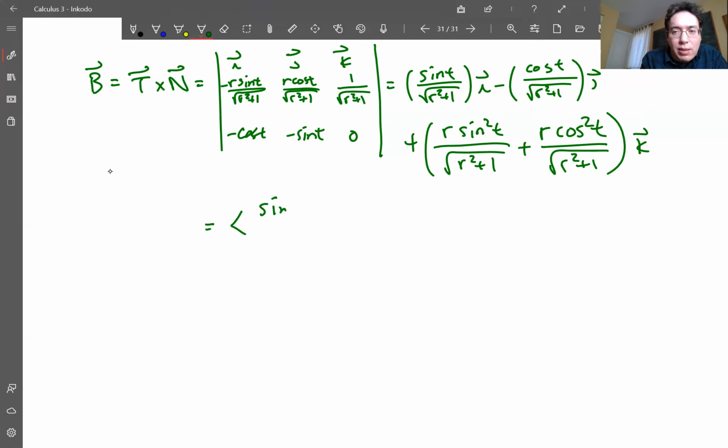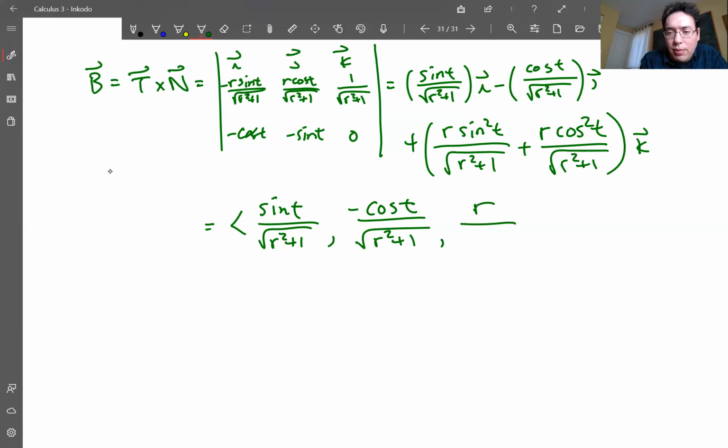So finally, negative cosine, and then r over square root of r squared plus 1. So this is the unit binormal.